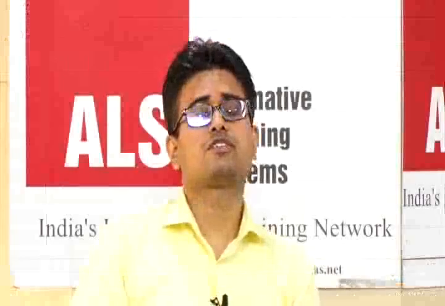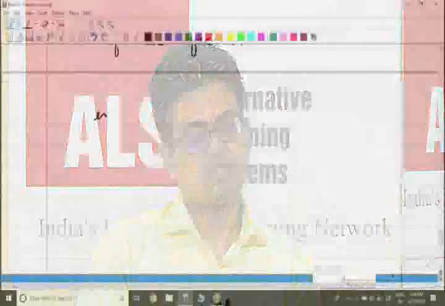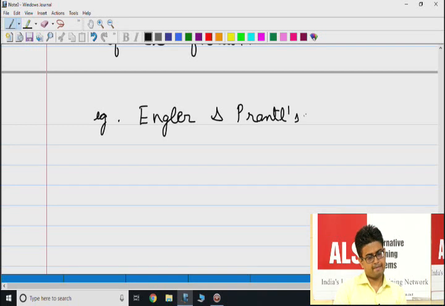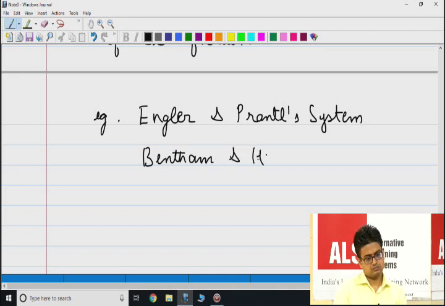So there are many other systems, for example, Engler and Prantl's system and Bentham and Hooker's system of classification.